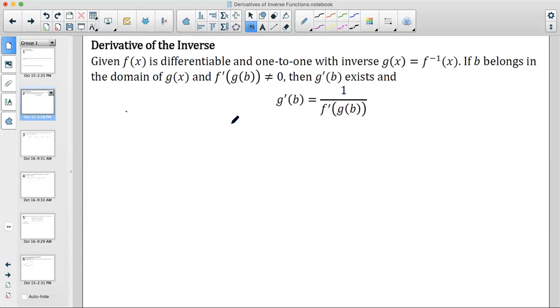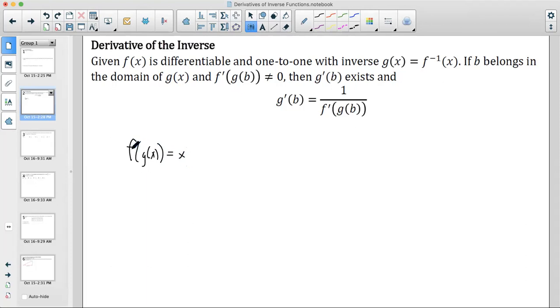You may recall that if I compose a function and its inverse, so here f is a function and g is its inverse, if I compose these functions, f of g of x, that's got to be equal to x. That's what the inverse does. The f does something to x and the g undoes that thing. It undoes what the function did.